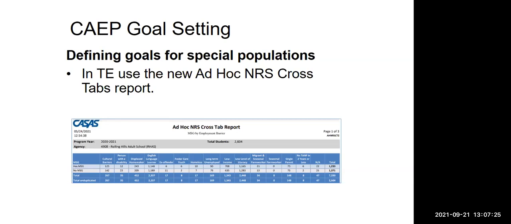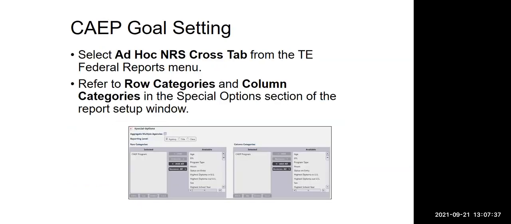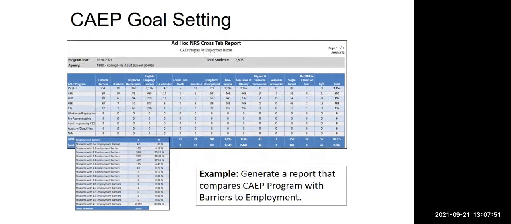So let's target some specific barriers to employment and try to get those individuals to perform at a roughly equal level as everybody else. That's what we're saying for this example. So here we're getting into the weeds. I'm not going to dig into that, but if you look at that supplemental PowerPoint, it covers this, where you can look at this report and set it up to make sure you're running it correctly.